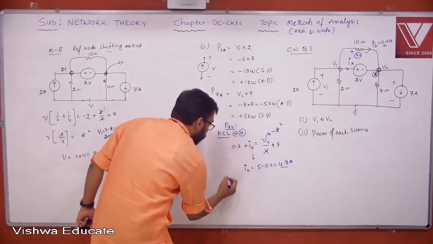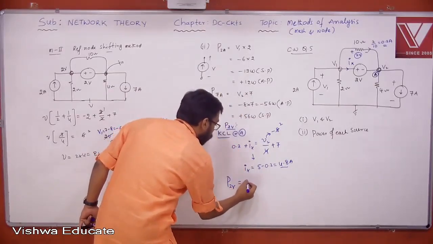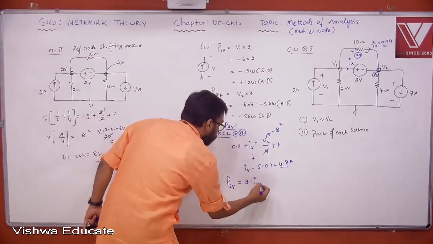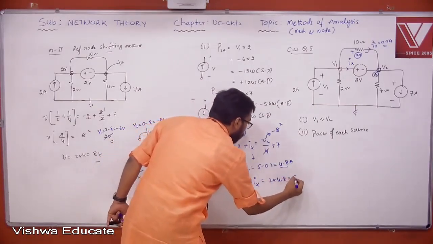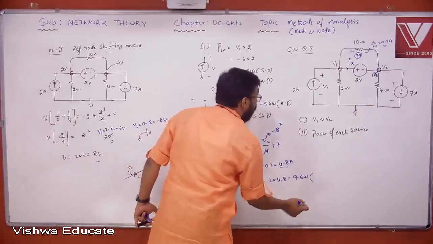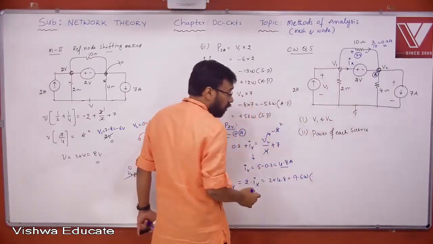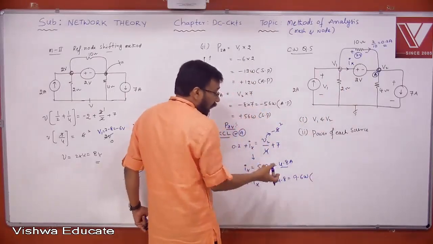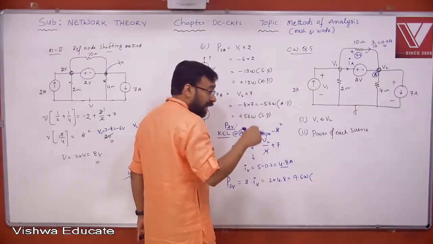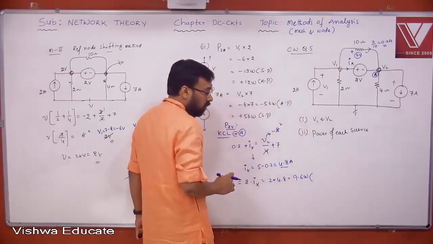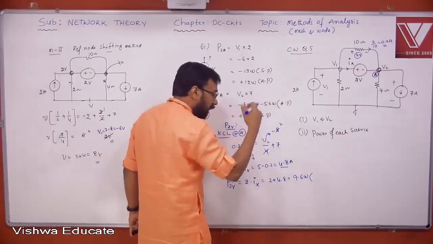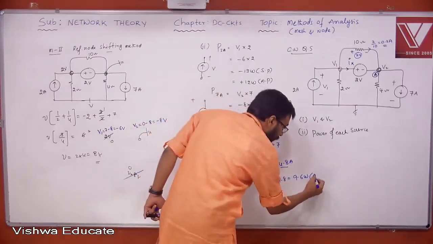Now what is the power of the 2 volts? 2 into Ix, so 2 into 4.8, 9.6 watt. The current is entering into positive. See, my assumption is correct. I got a positive value, and I realized that only after finding this value, not in the beginning. Yes or no? That is why do not worry about the direction. You can take randomly. And this is now absorbed power.